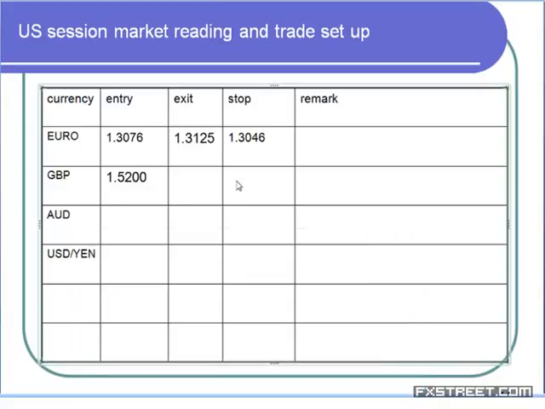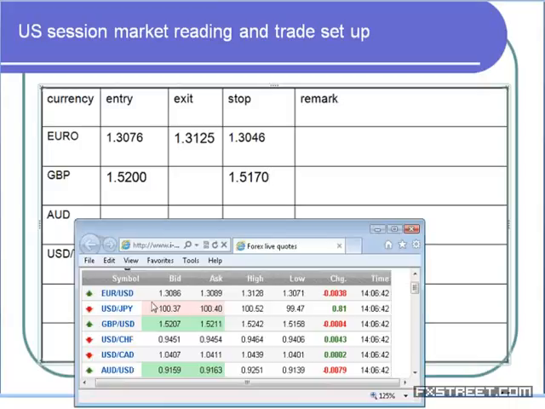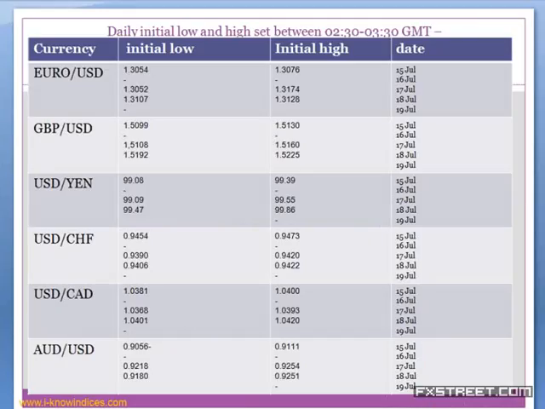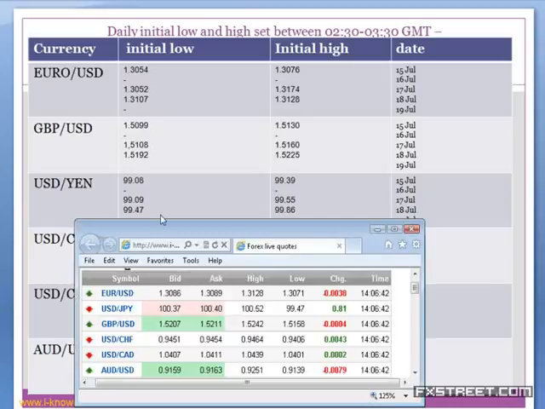So immediately we'll keep the stop 1.5170. Then in the case of yen, let us compare it to the initial lows and highs.